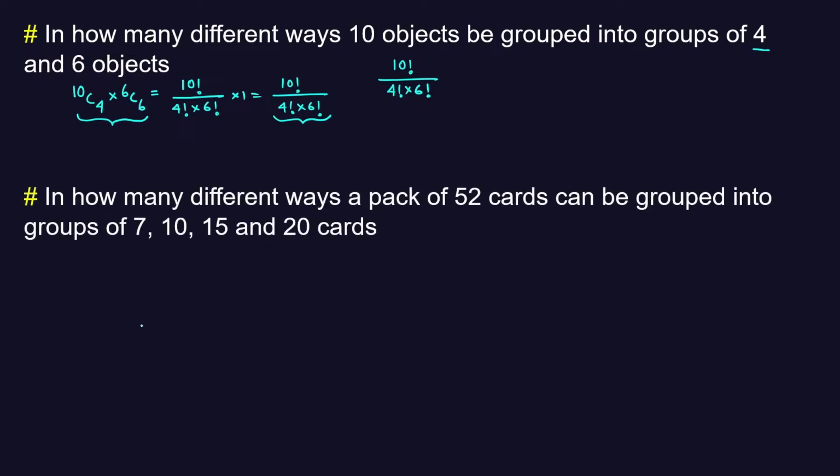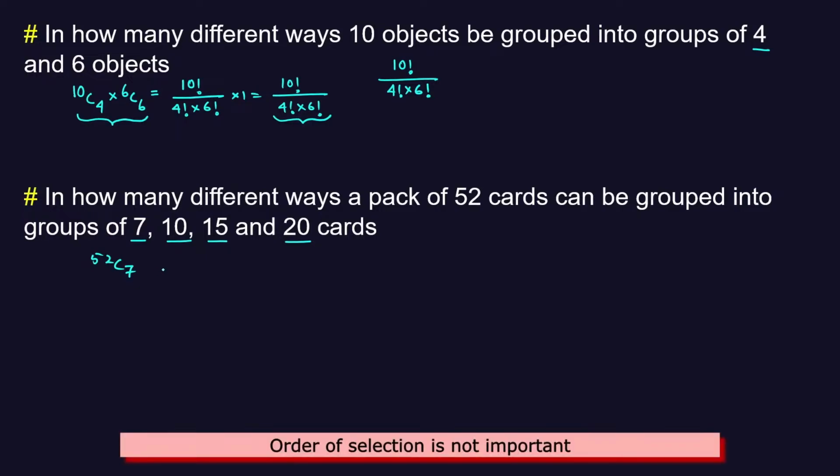In how many different ways can a pack of 52 cards be grouped into groups of 7, 10, 15 and 20 cards? So if I go by C method, first I will write 52C7. Again, I am telling you, order does not matter in case of grouping.